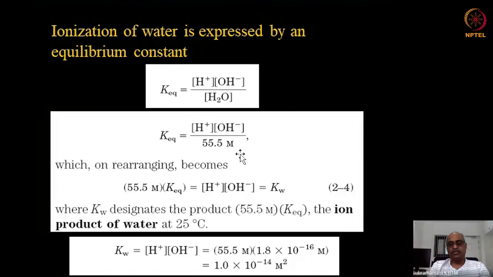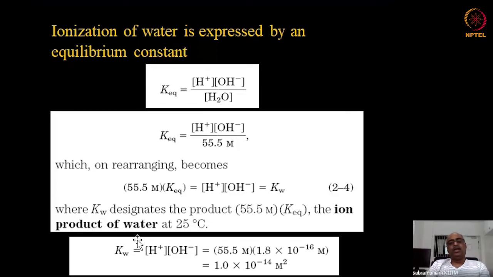If you take 1 mole and apply water's molecular weight of 18, you find that the concentration of water is 55.5 molar. If you rearrange this, 55.5 times the equilibrium constant equals the product of the two ions. Since this is constant and this is constant, you can call that a constant, Kw. This is the constant equal to the product of the ions, and therefore it is called the ion product of water.